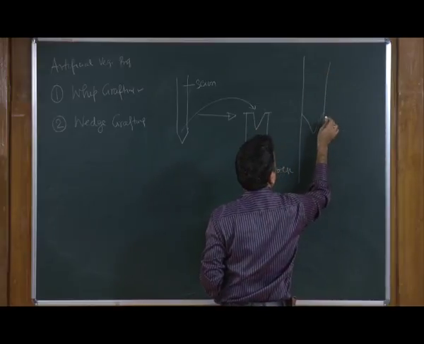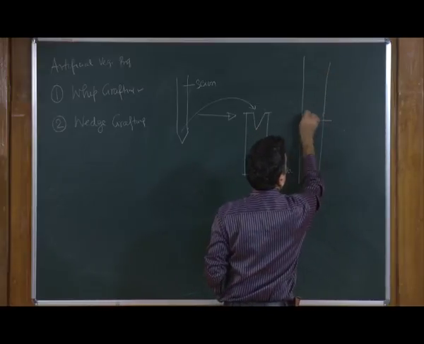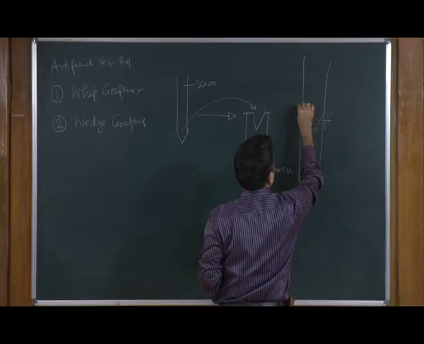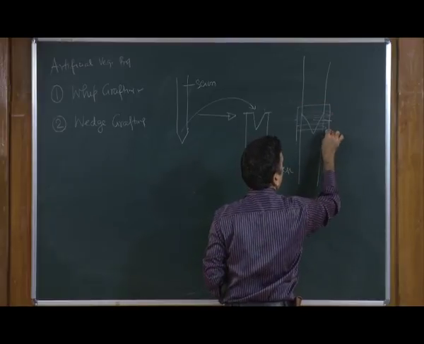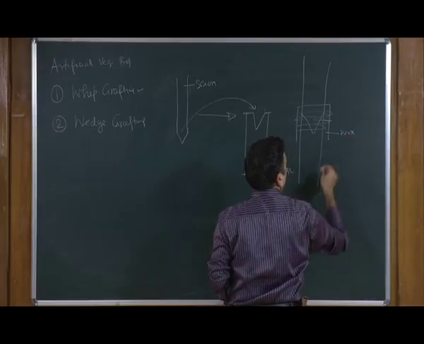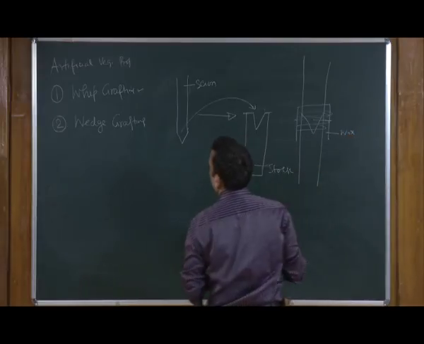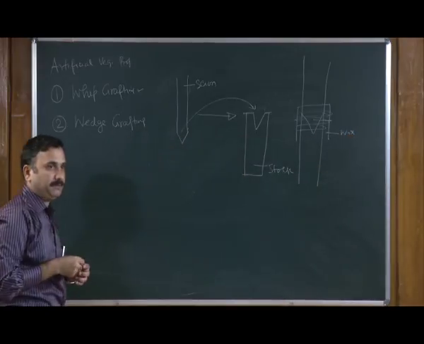You either can tie up or you can cover this whole thing with wax, and that is the method by which you can do a wedge grafting.